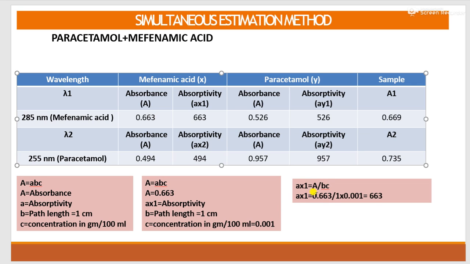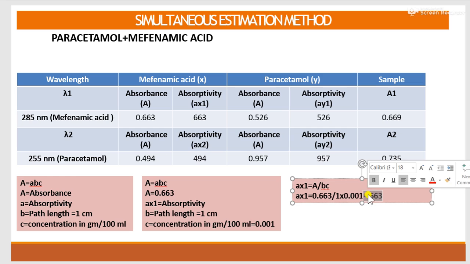That is 0.663 upon 1, because b is 1, and c is 10 ppm, because we have calculated absorptivity from the standard solution of mefenamic acid. So 10 ppm you have to convert into gram per 100 ml. 10 ppm is equal to 0.001 gram per 100 ml. This is very important. So absorptivity will be 663.